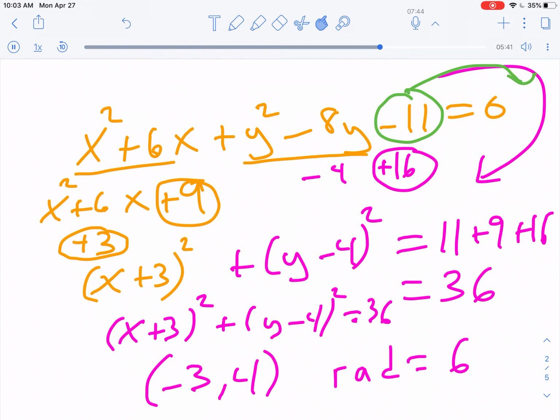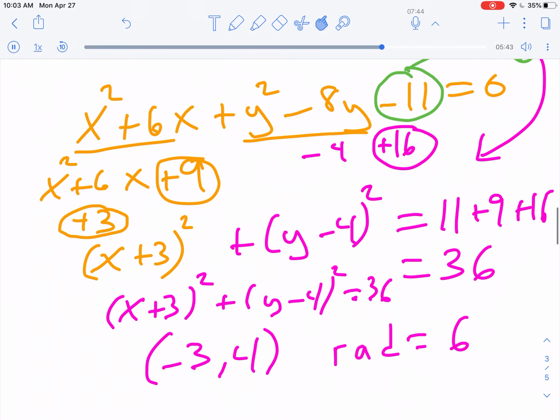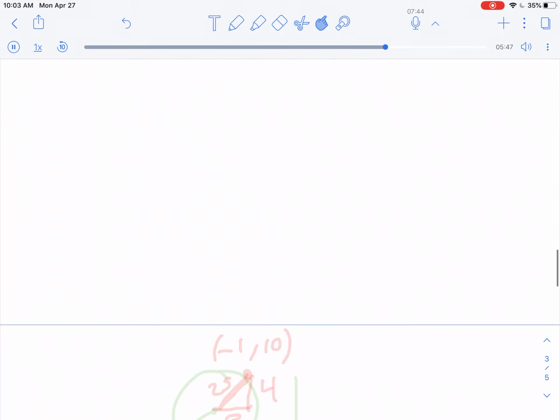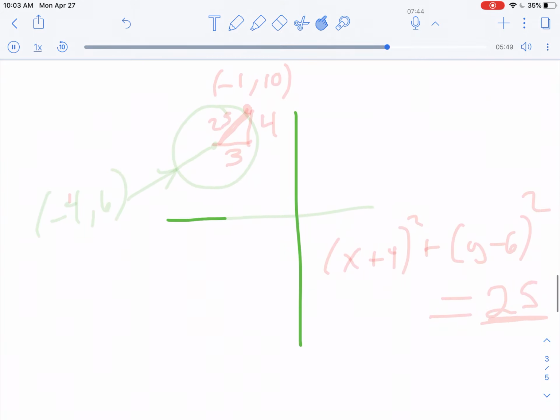Okay. Lastly, a problem where they give you coordinates and you have to come up with the equation. Something like this. Let's say the circle is over here, and we'll say the center is (-4, 6).